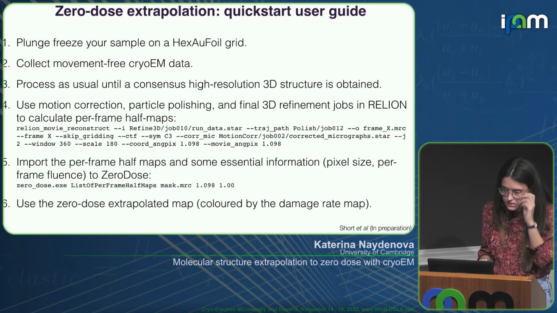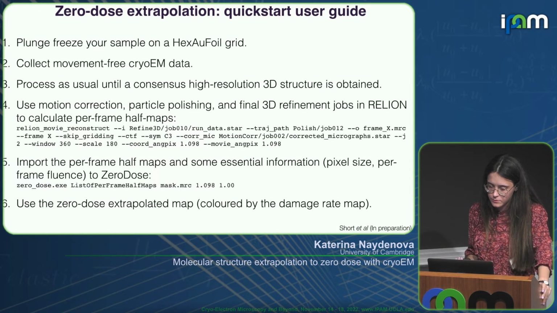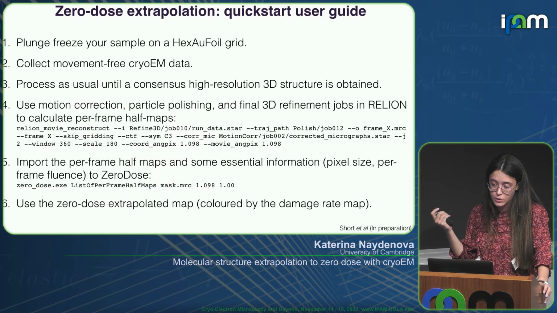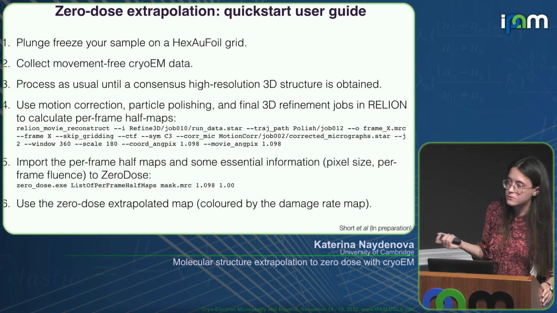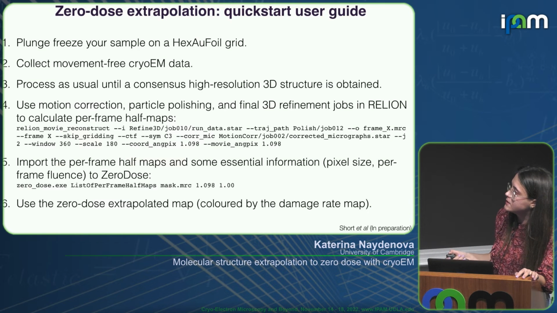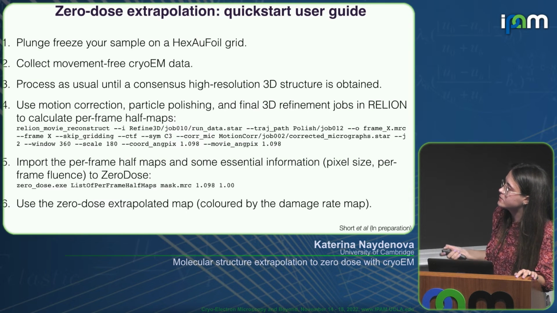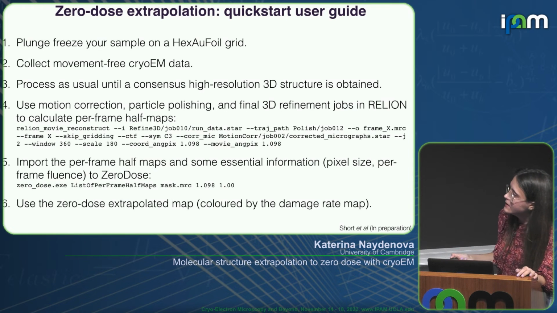So in practice, just for those of you who will get the grid soon and try to do this on your favorite specimen soon, what you would have to do to get your zero-dose extrapolated map is, okay, you take your specimen, you plunge freeze it on the Hexafoil grid, you collect your movement-free cryo-EM data, which, as I explained, is very simple and just very similar to normal data collection.